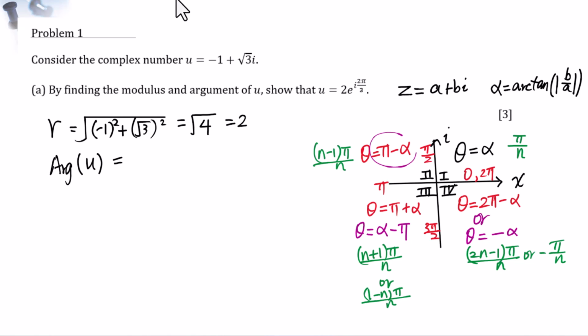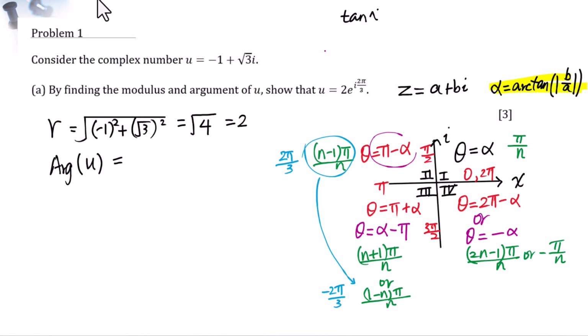For a negative angle in the third quadrant, you can get the opposite of this, 1 minus n pi over n. For example, negative 2 pi over 3 will be in the third quadrant. So when we are looking for the argument, we always figure out this reference angle.